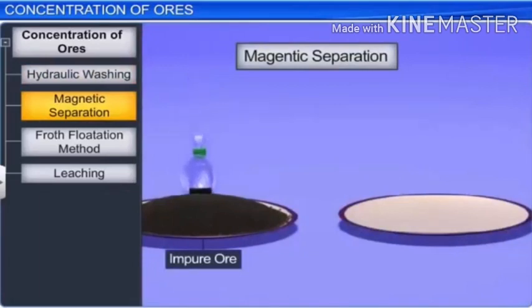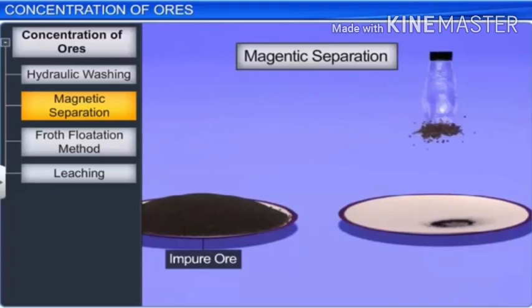Magnetic separation. This method is based upon the difference in the magnetic properties of the ore and the impurities present in it. If either the ore or the gangue is attracted towards a magnetic field, then we can use magnetic separation for the concentration of the ores.